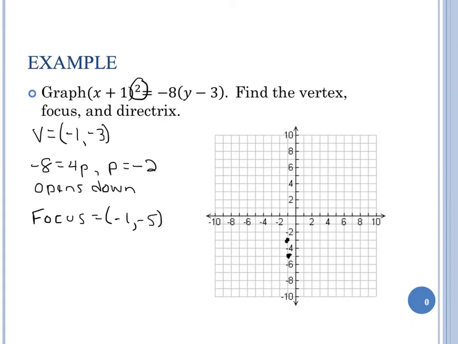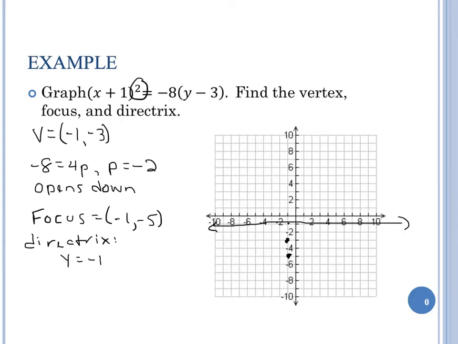My directrix is 2. I'm going back to my vertex. I'm going 2 in the opposite direction. So I'm going up 2. And this is a line y = -1.